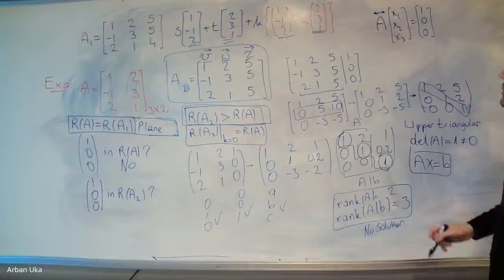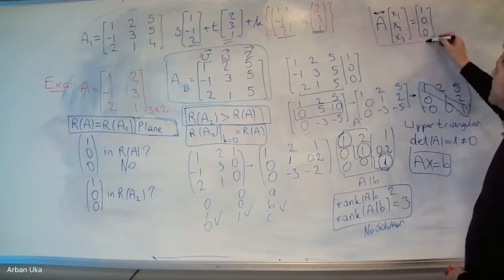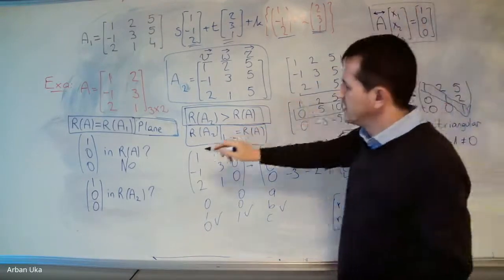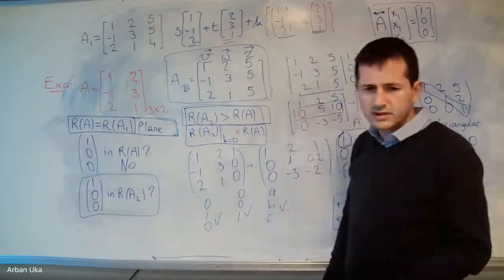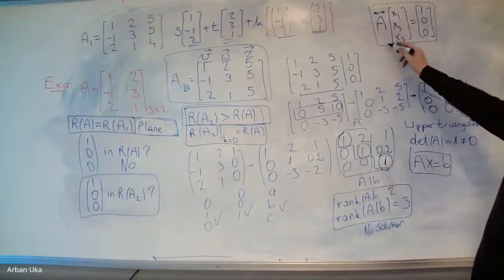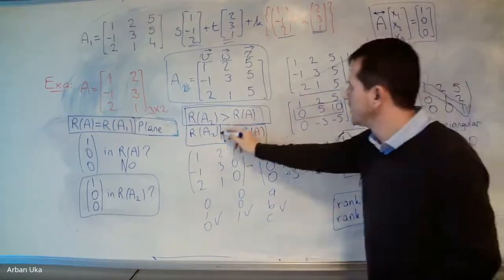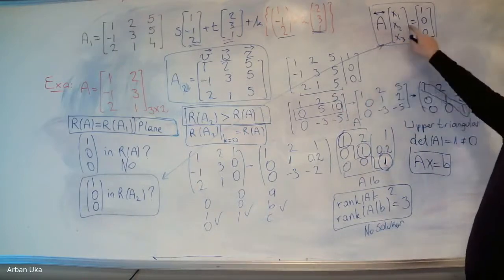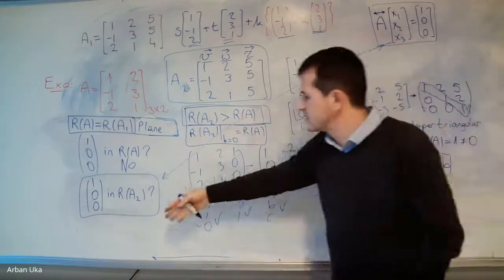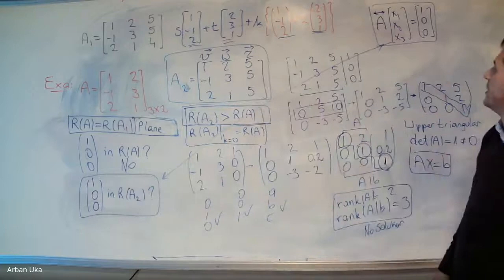So does this equation have a solution? And is this vector in the range of A2? This is the same question. So these two at the opposite corners of the board are equivalent questions. Does this have a solution, and is this in the range of A2?